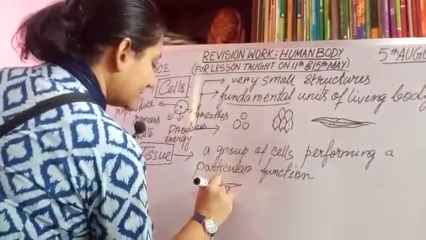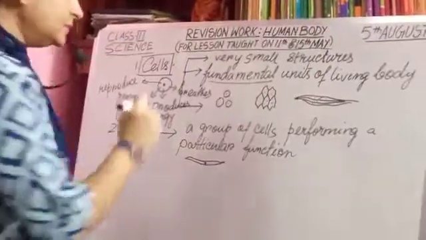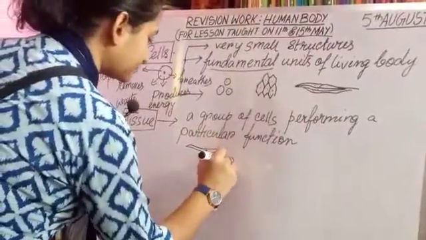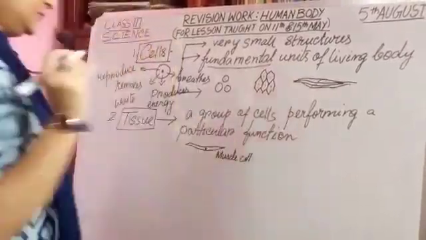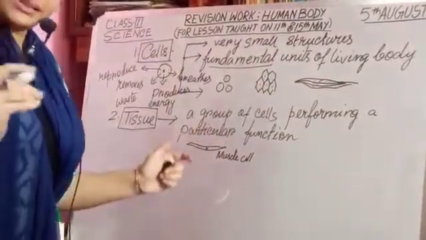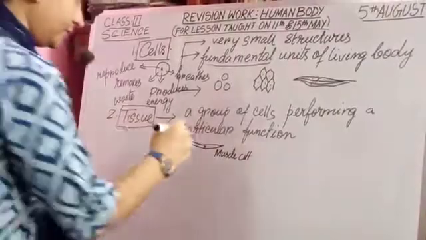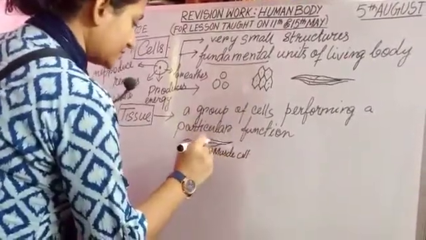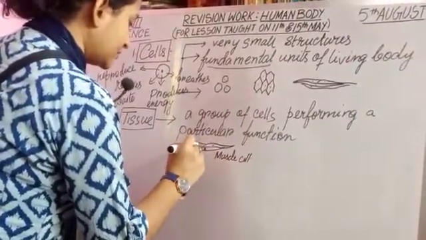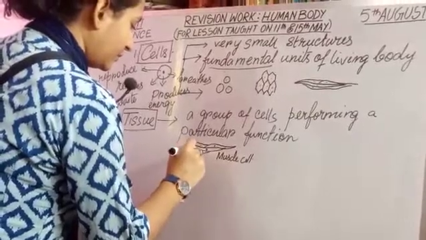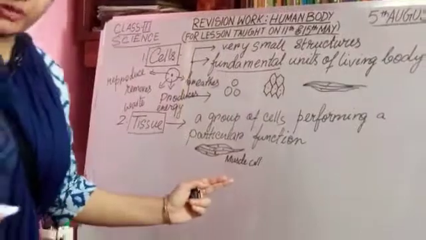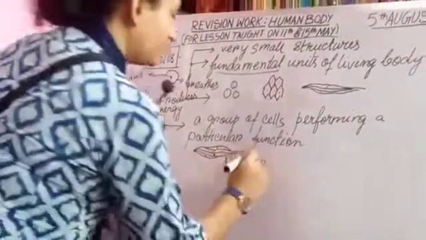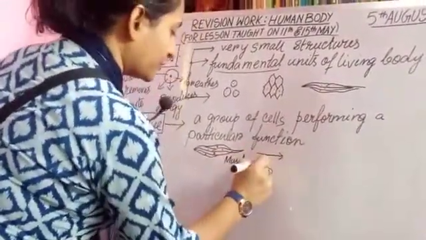this is a cell, right? This is a muscle cell. Many muscle cells join together. This is another one, another one, another one. When they join together, they give rise to a tissue, right?